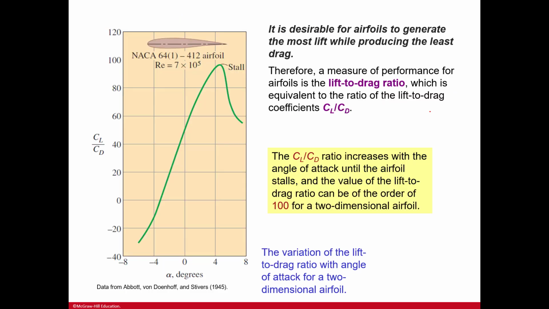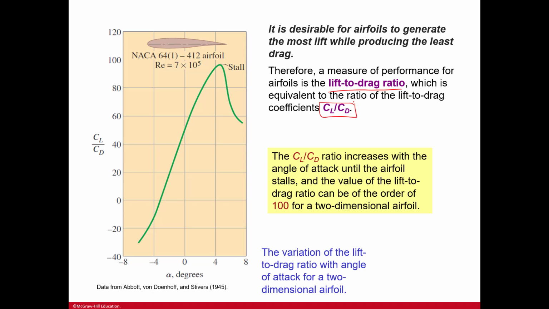It is desirable for airfoils to generate the most lift while producing the least drag, because that makes it the most efficient, right? Therefore, a measure of performance efficiency for airfoils is the lift to drag ratio, which is equivalent to the ratio of the lift to drag coefficients. So just those.